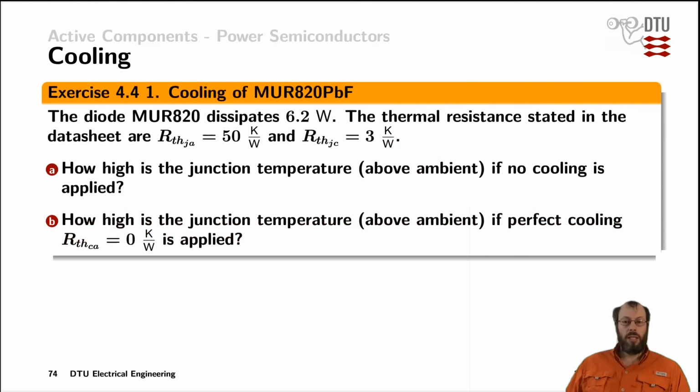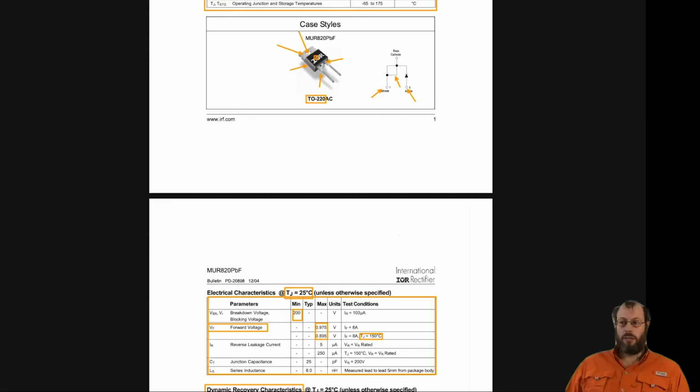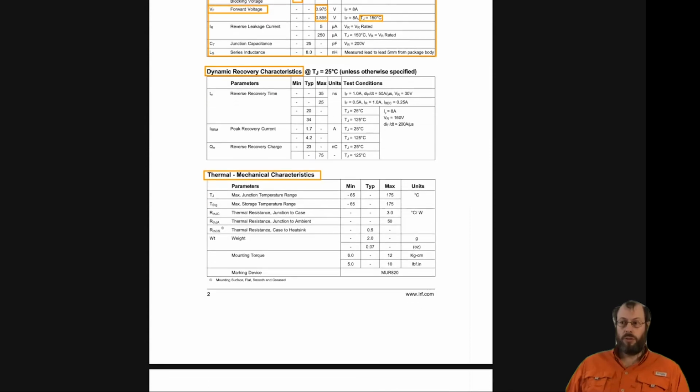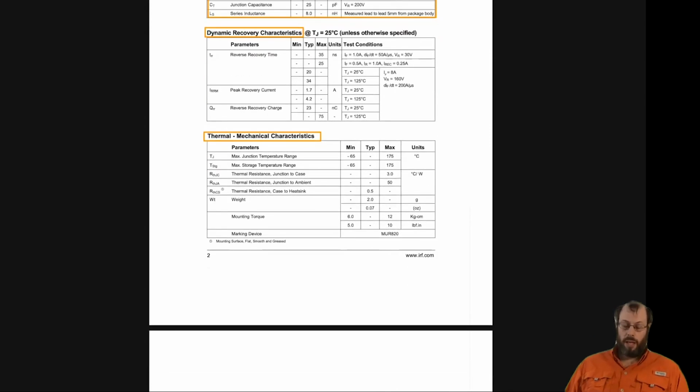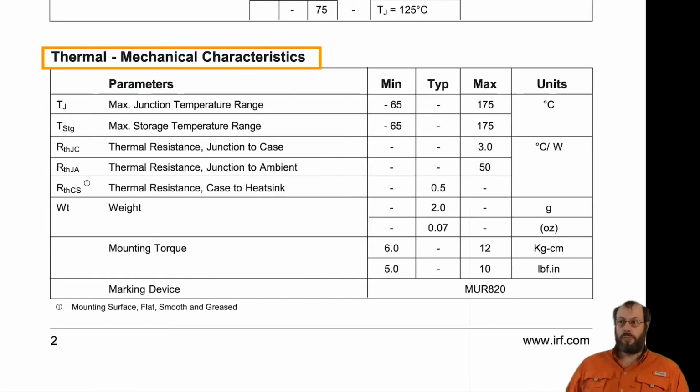Now, using the example again of the power dissipation in the diode that we have previously calculated, we can use the assumption that the total amount of power dissipation in this diode is 6.2 watts. Going back to the datasheet of that diode, we can scroll down to page number 2 and find the mechanical characteristics of that package.